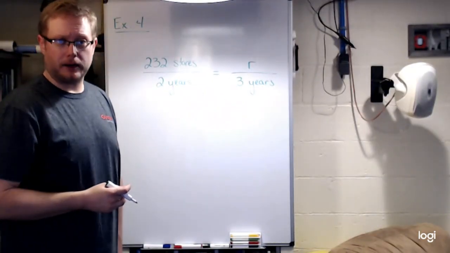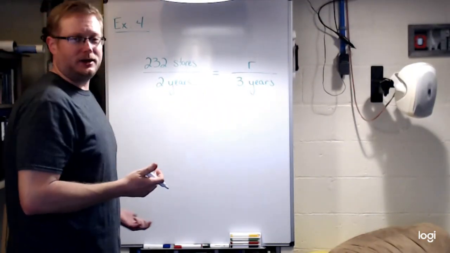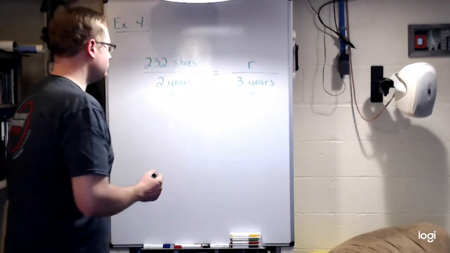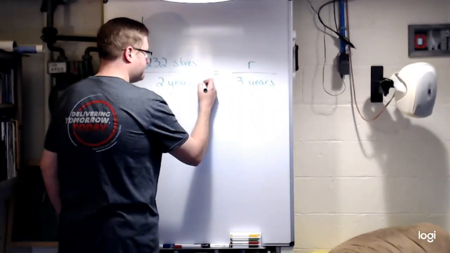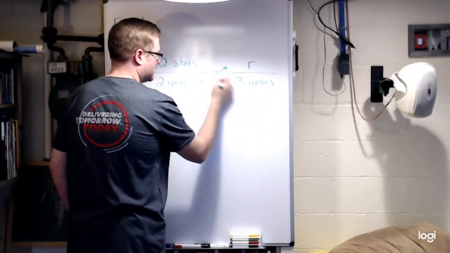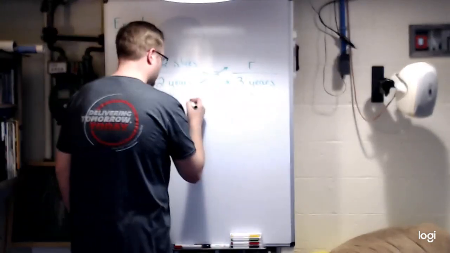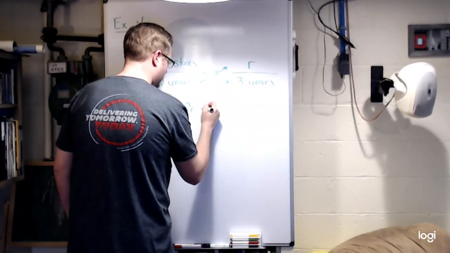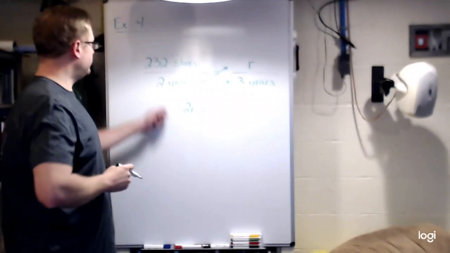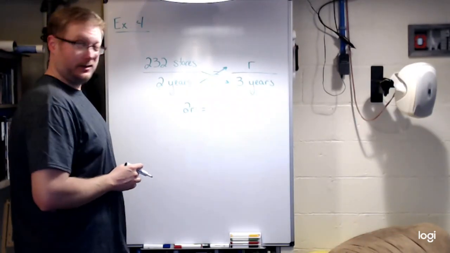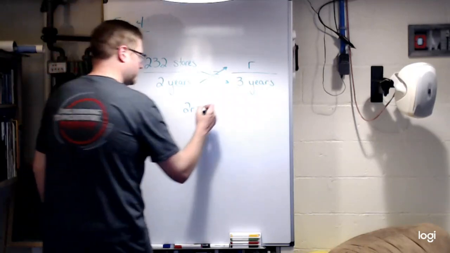So there's your setup. Solving it's not going to be anything more difficult than what we just did. Cross multiply and divide. So 2 times R is 2R. Set that equal to 232 times 3. That's what, 696.